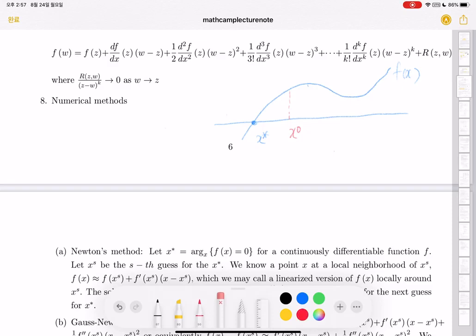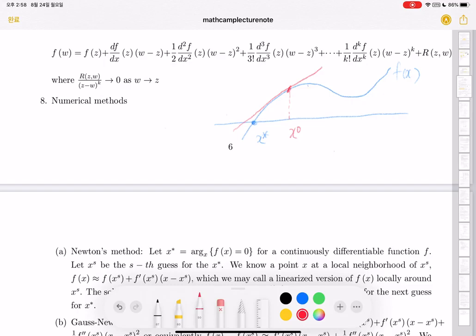And then you take a linear equation here, like this, that goes tangent at this point.